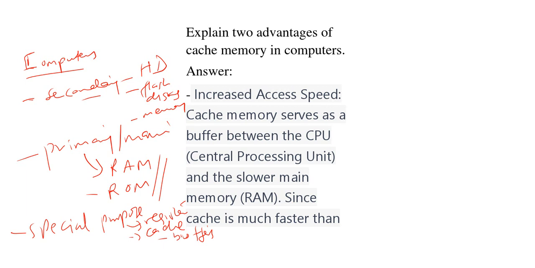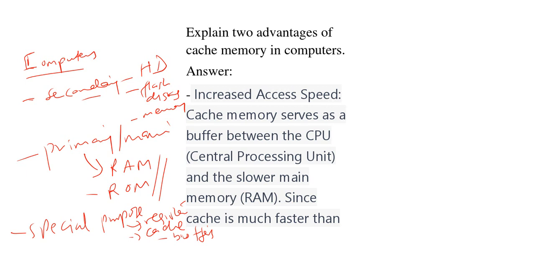So the advantages of this cache memory, number one is increased speed, whereby the cache memory serves as a buffer between CPU, which is the central processing unit, and the slower main memory RAM.